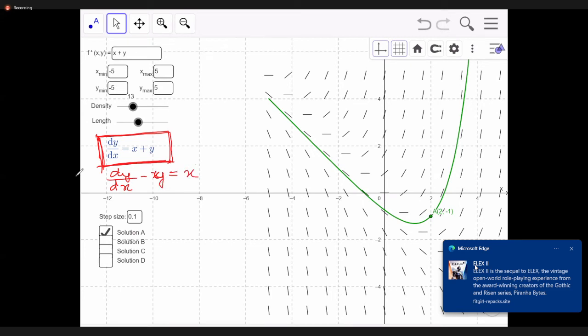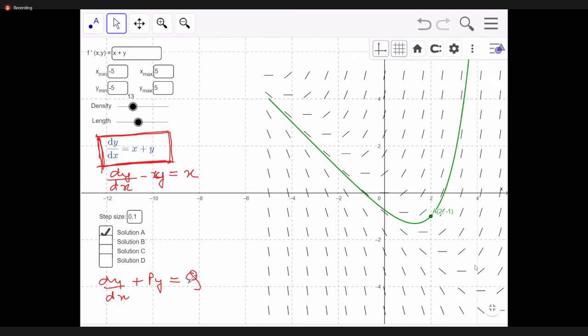Yes, ma'am. Then this is similar to dy by dx plus Py is equal to Q. Now students, one small exercise I'll give you. Solve this differential equation and tell me the solution quickly. This is a very easy one. You will be able to find the integrating factor and everything. Do all those steps and just report the final answer to me.